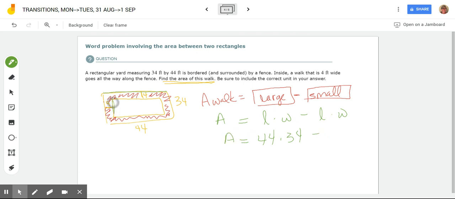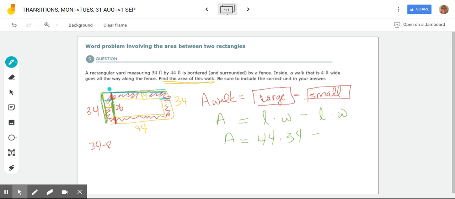Well, we don't know the length of these guys, but we can figure it out. We know this side is 34. And we know that these little ones are 4. Okay? So if this is 34, and we're cutting off 4 here, and 4 more here, that's going to be 34 minus 8. So that is going to be 26. And in the same way on this side, we know that this whole side is 44. And we know this is 4 and this is 4.